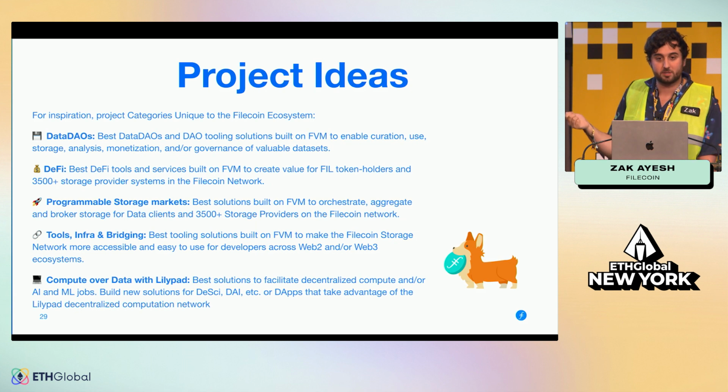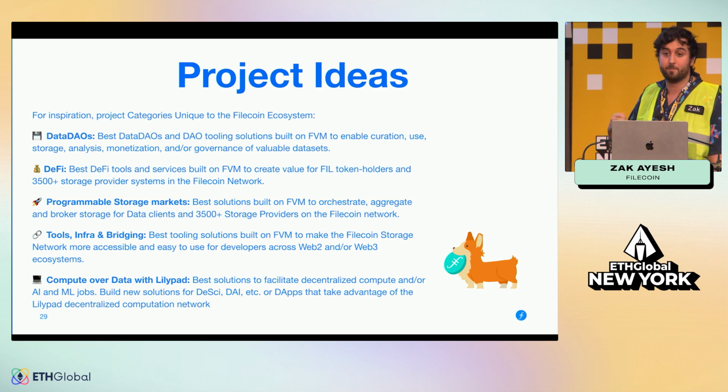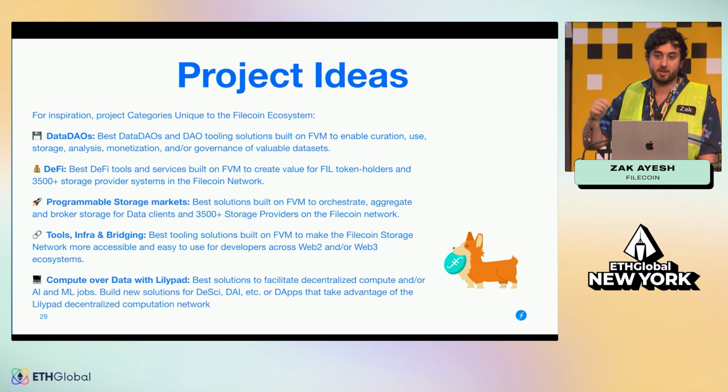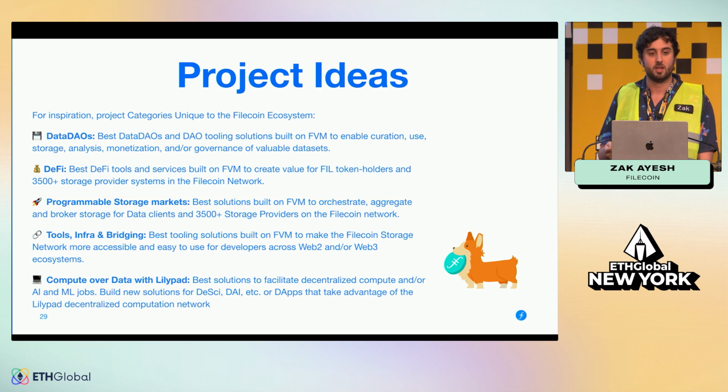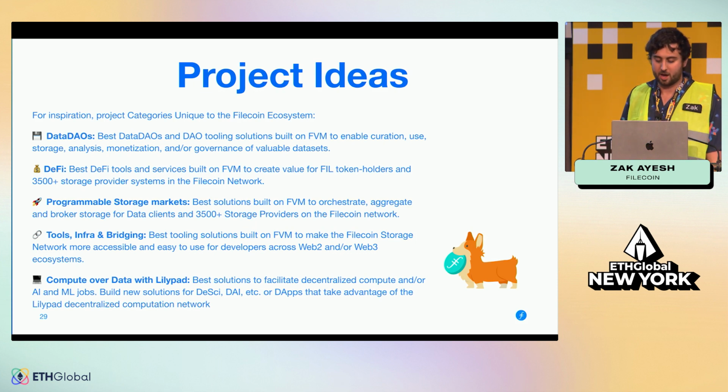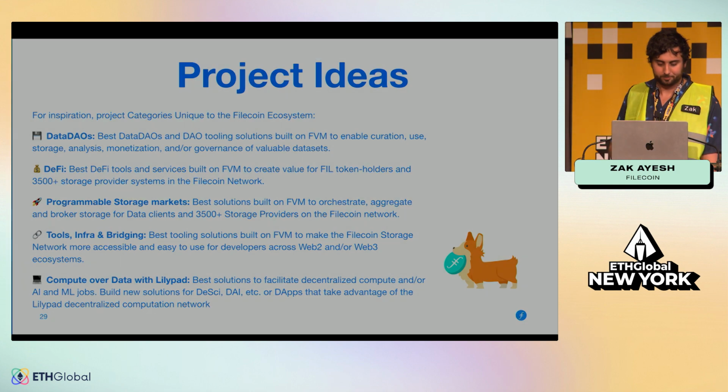Programmable storage markets: I think this is something very unique, and something you really can't do on many other chains. Tools, infra, and bridging are always welcome. And compute over data with Lilypad. Lilypad is that heavy compute framework I've mentioned several times. If you have questions about that, I highly suggest you check out their documentation and their Slack channels. These are some project ideas if you were still wondering.